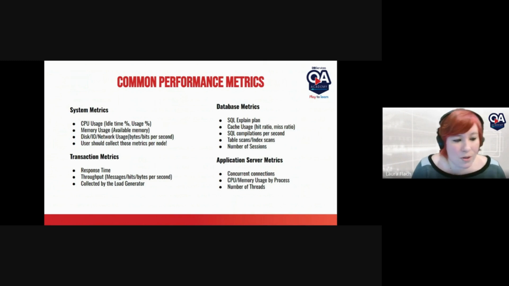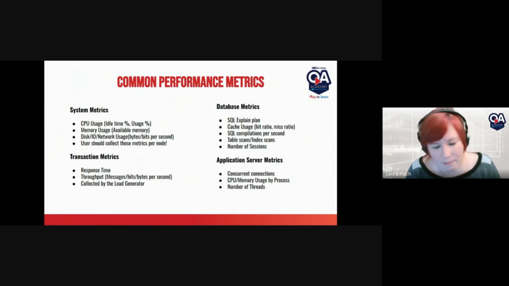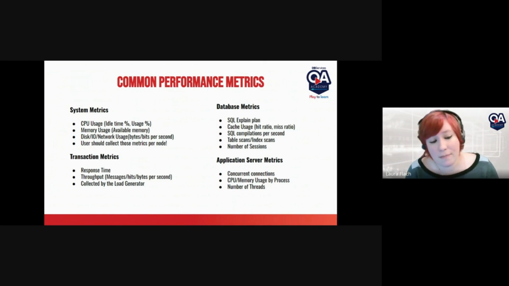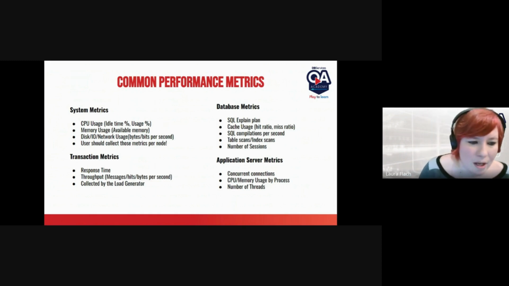Also, you have the transaction metrics, which are the response times and the throughput, that is messages or hits or bytes per second, usually per second, but can be a different time unit. These transaction metrics are usually collected by the load generator itself, the tool that you're using to run your test.